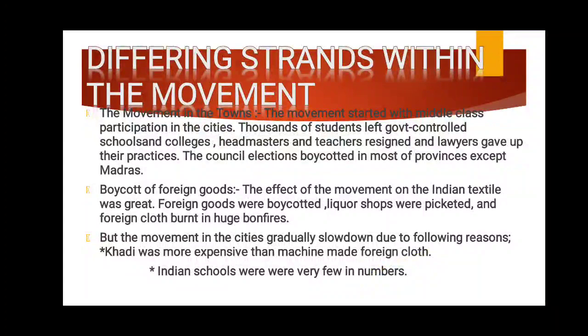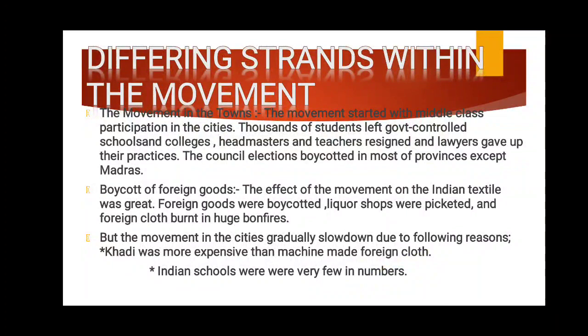Thousands of students left government controlled schools and colleges. Headmasters and teachers resigned and lawyers gave up their practices. The council elections were boycotted in most provinces except Madras. The effect of the movement on Indian textiles was great. Foreign goods were boycotted, liquor shops were picketed, and foreign cloth was burnt in huge bonfires.